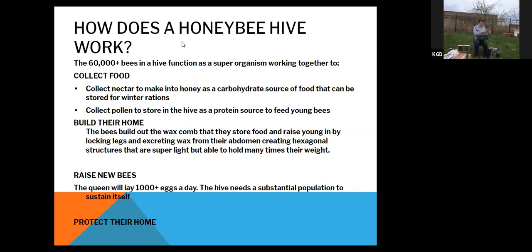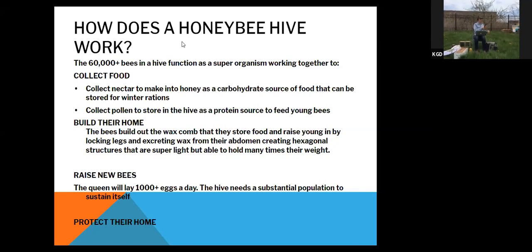What happens is the queen will lay another queen cell, a cell that will hatch out only a queen, and then she'll take half of the bees and go try and find a new home. And then she'll leave her daughter and the rest of the bees behind to thrive.